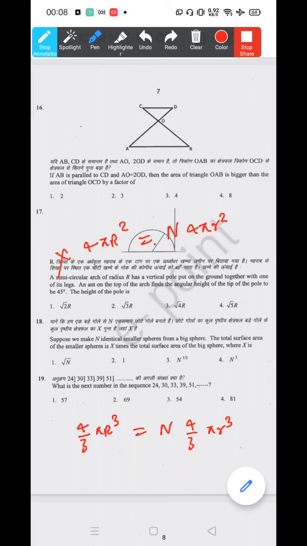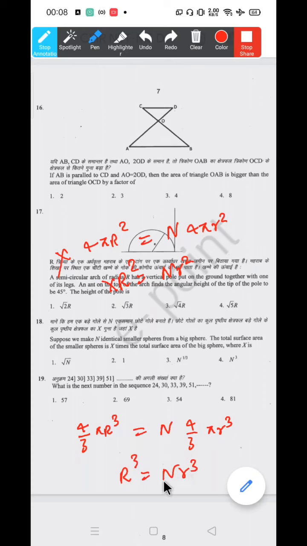So what is x? From here you can see that x r square equal to n r square. From here we will get the relation between r and n, and here it is giving me r cube equal to n r cube.